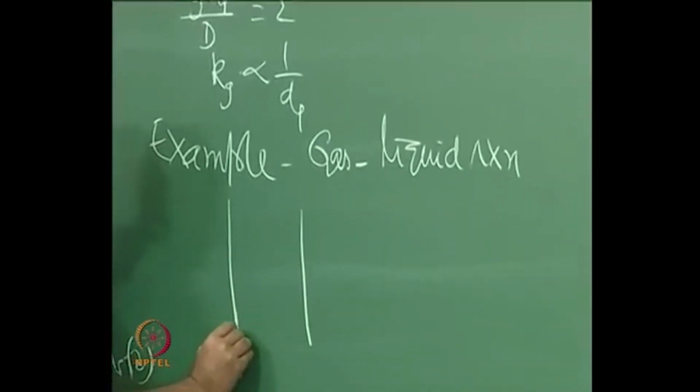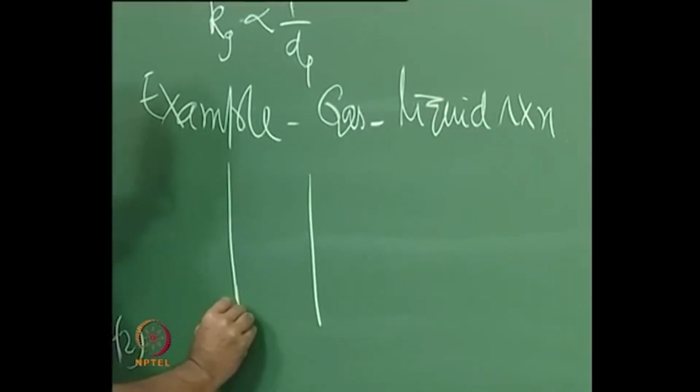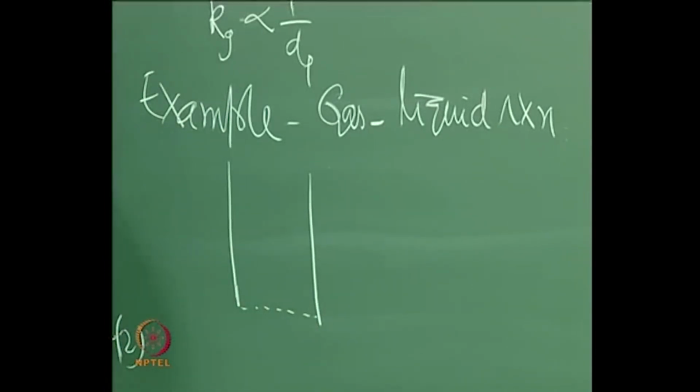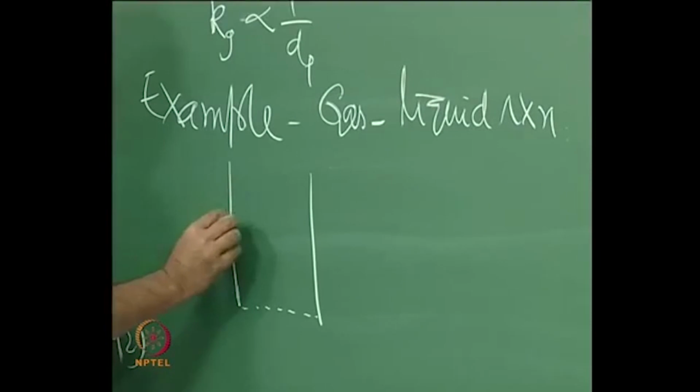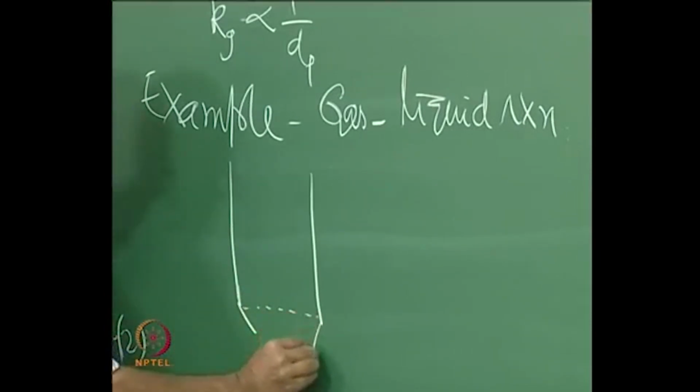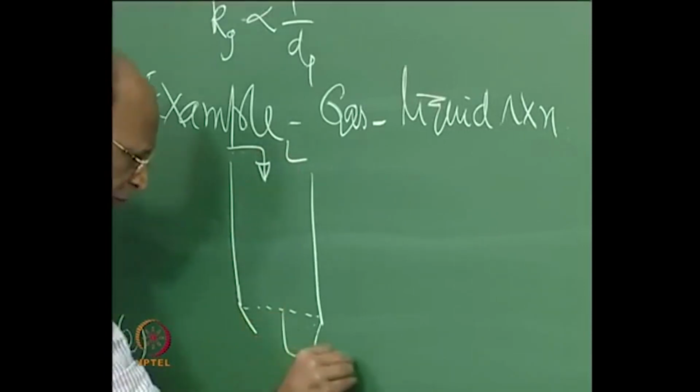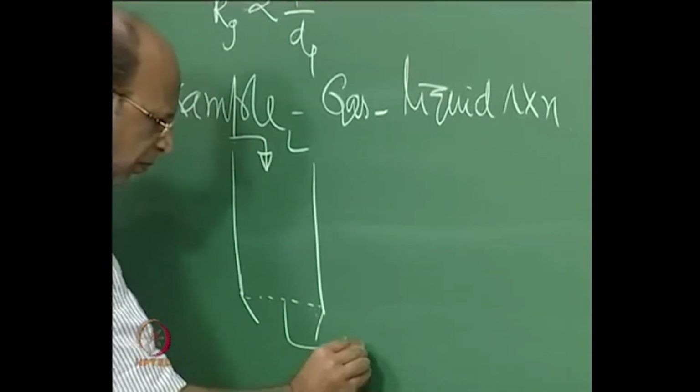It can be simply like this. Liquid may be continuously coming, this is liquid, and liquid may be continuously going out.